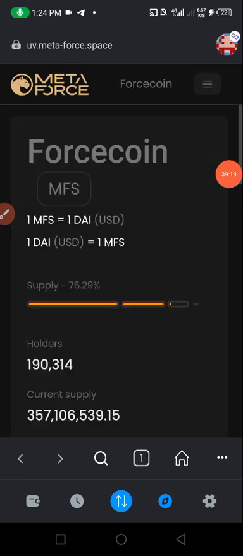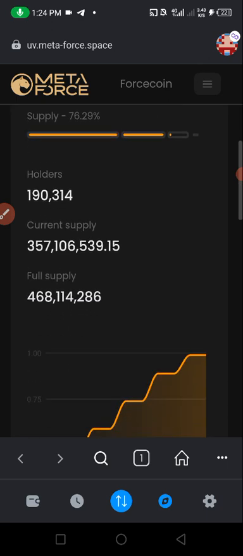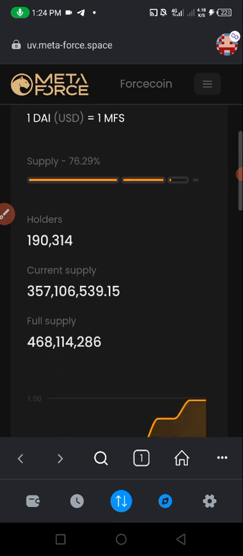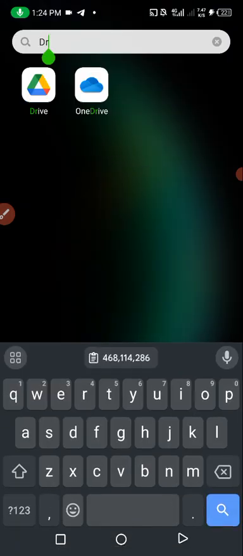Just within a few minutes, we already have 190,000 people already. It was 189, now it's 190. That is fast. So on the first coin presale portal, 468,114,286 first coin is available for sale.